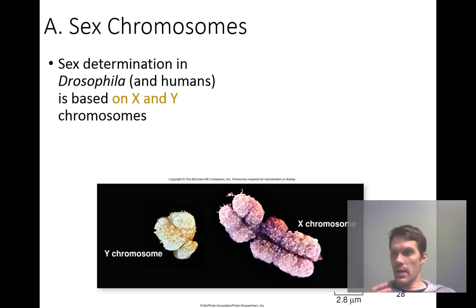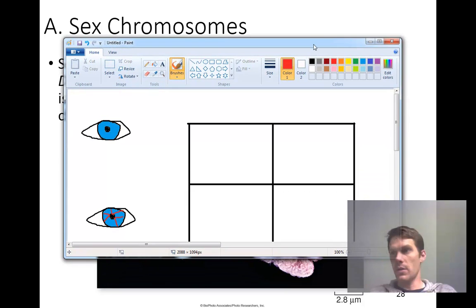So the inheritance pattern of this sex-linked trait did not follow the same pattern as the Mendelian traits that we talked about last time. To illustrate this, I'm going to do a Punnett square of a trait on the X chromosome.